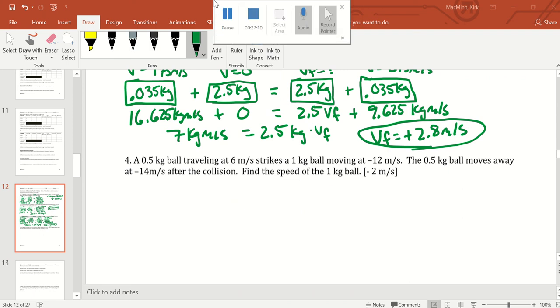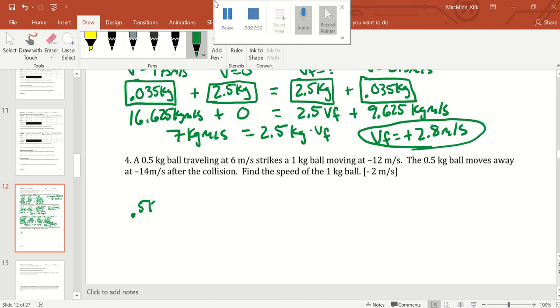So we go ahead and read the next one. We have a 0.5 kilogram ball traveling at 6 meters per second, strikes a 1 kilogram ball moving at negative 12 meters per second. The 0.5 kilogram ball moves away at negative 14 meters per second after the collision. Find the speed of the 1 kilogram ball. So let's go ahead and draw everything we know.